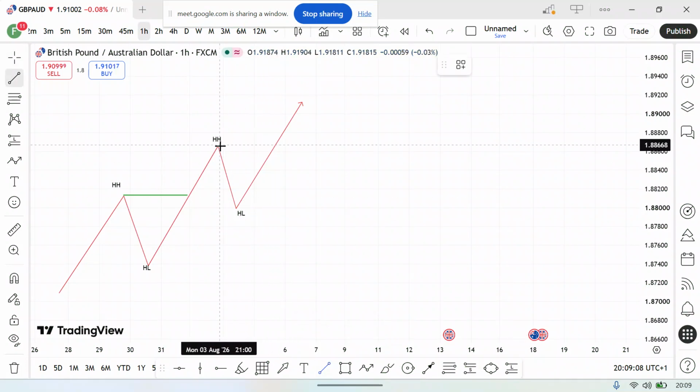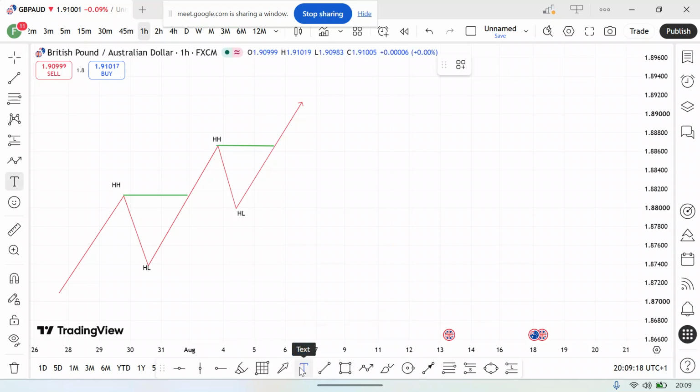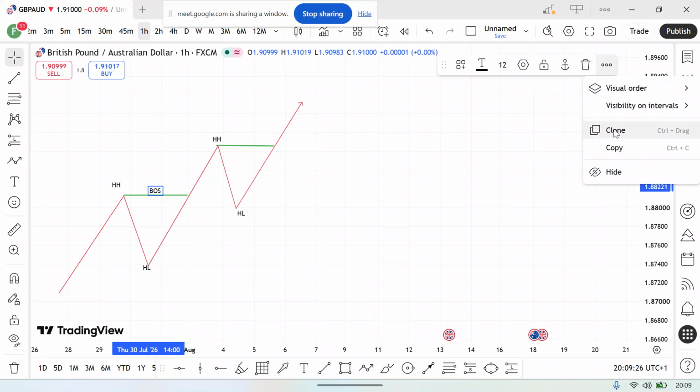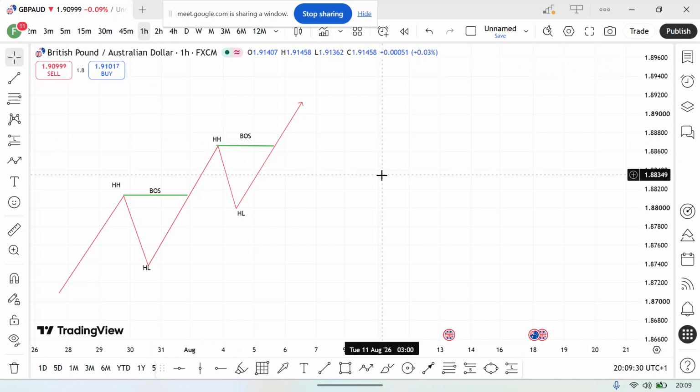Which is when price takes out the previous highs, or when price takes out a higher high in an uptrend, is considered a break of structure. So we abbreviate it BOS, okay?